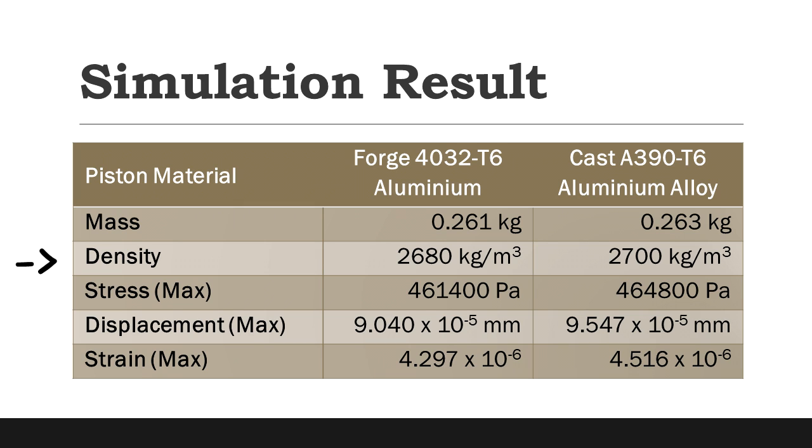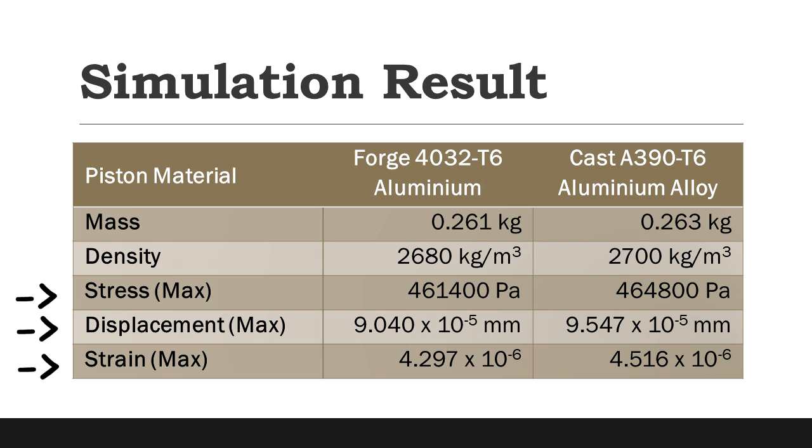And then next, the stress. From the stress we can see the 4032 T6 aluminum has higher stress resistance than the A390 T6 aluminum. The difference between these two materials can also be seen in the displacement and strain.